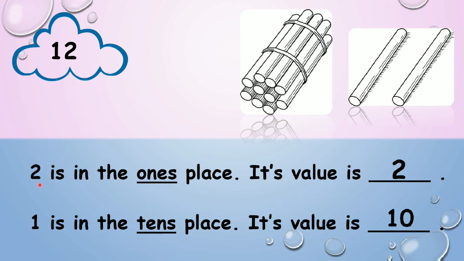Therefore, 2 is in the ones place, its value is 2. So when we look at number 12, 2 is in the ones place, therefore its value remains 2.